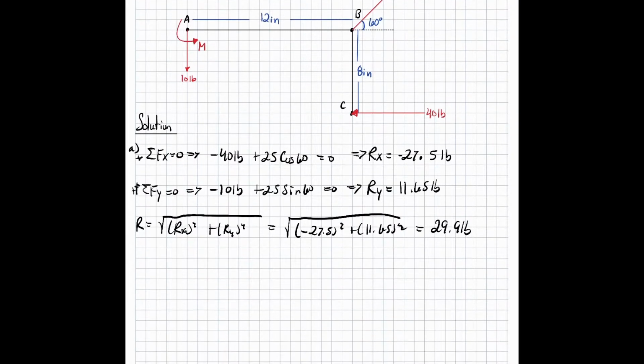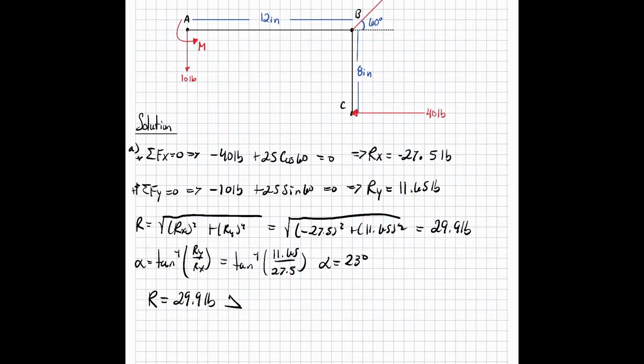Now we need to find the angle. I'm going to say alpha is the inverse tangent of Ry over Rx. We get the inverse tangent of 11.65 over 27.5, so alpha comes out to 23 degrees. So our resultant is 29.9 pounds at an angle of 23 degrees.